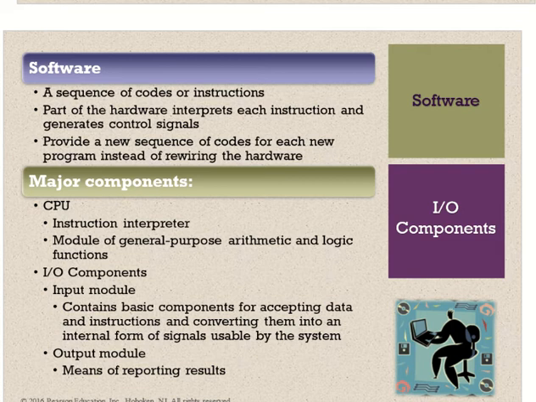Part of the hardware interprets each instruction and generates control signals, and based on the control signal, the ALU takes the input, performs the operation and produces the output. This is the one we saw in the previous diagram, the second diagram, programming in software. So this is about the software.